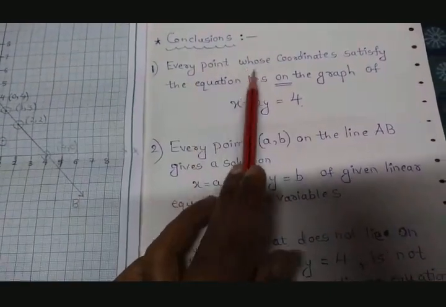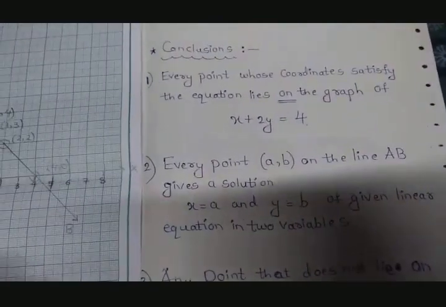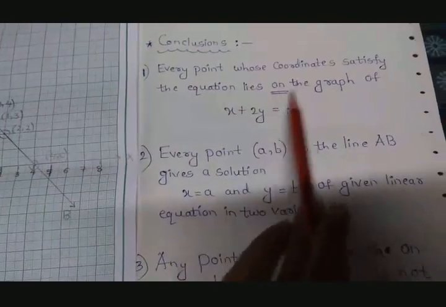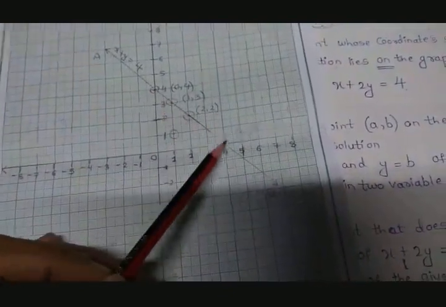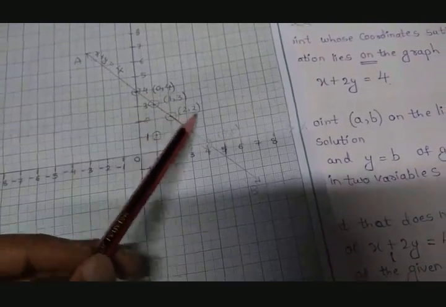Every point whose coordinates satisfy the equation. So we had got a set of coordinates, that is (0, 4), (1, 3), (2, 2) and (4, 0). These coordinates, which satisfy the equation, lie on the graph. So these points that we have obtained are the solutions of the linear equation that we have obtained from the trial and error method.